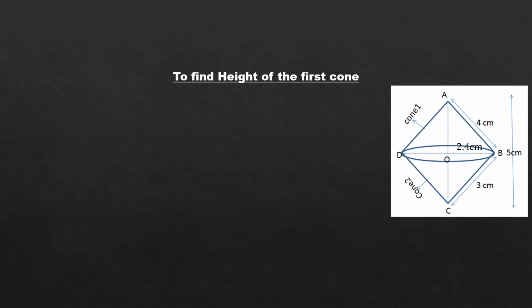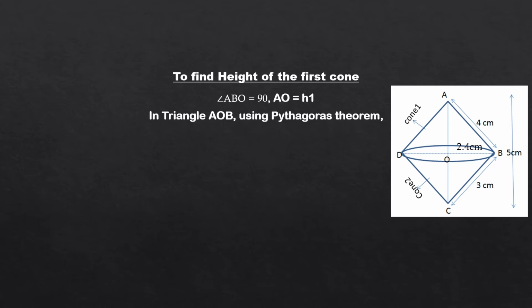Now, in order to find the height of the first cone, we will consider that in triangle AOB, we have angle O as 90 degrees. So, the line AO is going to be our height 1. Now, using the Pythagoras theorem, we know AB square is equal to AO square plus OB square.